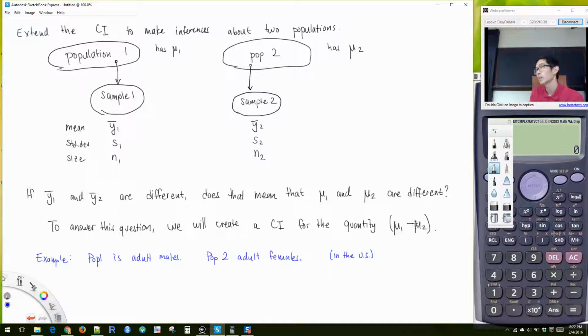Okay? So what do you think our interval will look like? What kind of numbers do you think we'll get? Am I going to get numbers on the order of 5 inches, or numbers on the order of 5.5 feet, or numbers on the order of something much bigger or much smaller?